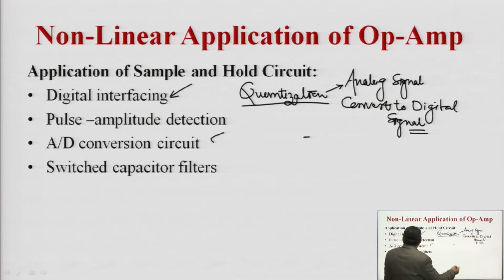Now, next is the pulse amplitude detection. Okay. In pulse amplitude detection, we can use the sample and hold circuit. How can you use it as pulse amplitude detection?